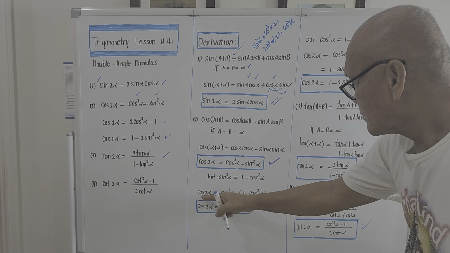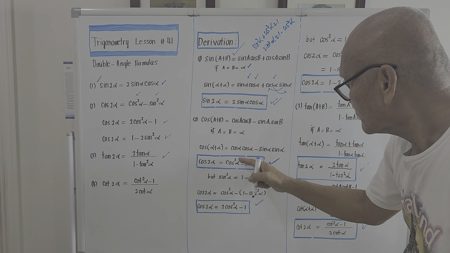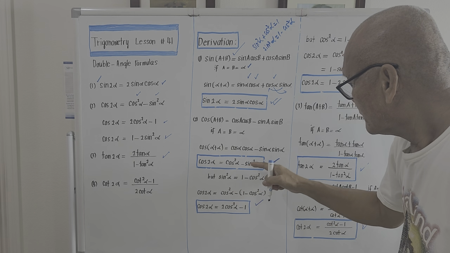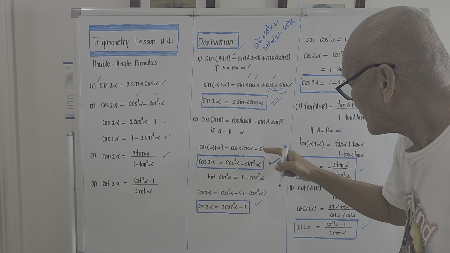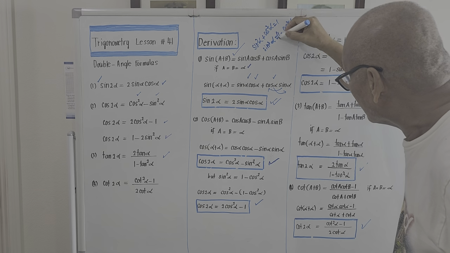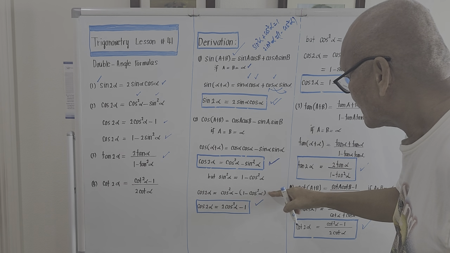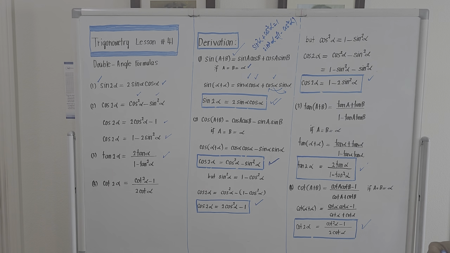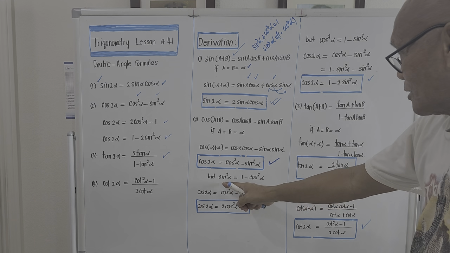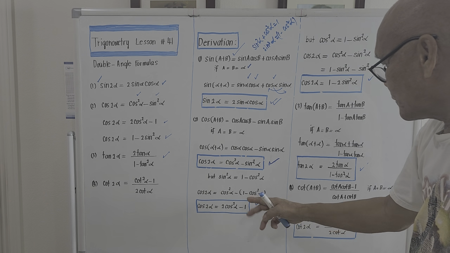So this will be cosine of twice alpha equal to, I rewrite this, cosine square of alpha minus, and I replace the value of sine square of alpha by the quantity 1 minus cosine square of alpha. We expand the second part first.